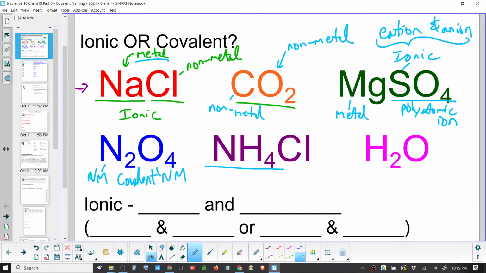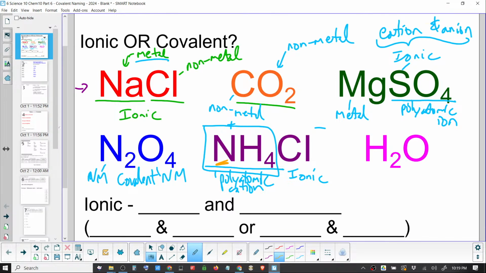NH4Cl, this is a polyatomic cation. So this is positive, that is negative, so that makes this ionic. One of those few cases in which it looks like it is a non-metal, but it's actually a polyatomic. It has a positive charge, so that makes it an ionic compound.